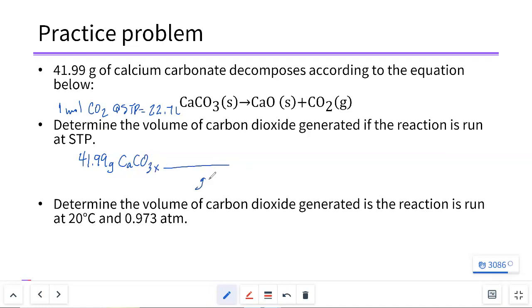I'm going to turn the grams of calcium carbonate into moles. So I need a molar mass. Calcium is 40.08. Carbon is 12.01. Oxygen is 16, and there are 3 of them. 100.09 grams in every mole.